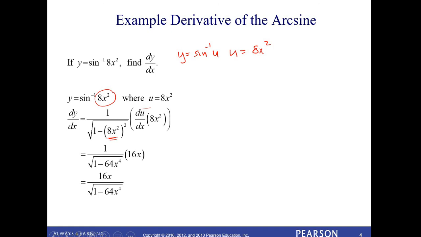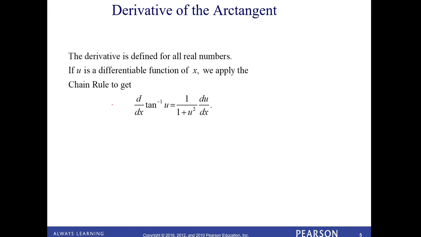Okay, now let's look at a few others. We also want to learn tan inverse. So the derivative of tan inverse of u is 1 over 1 plus u squared, using our chain rule, du dx. So again, our simple one, d dx of tan inverse of x is 1 over 1 plus x squared.